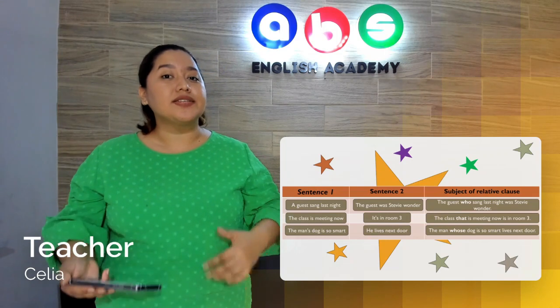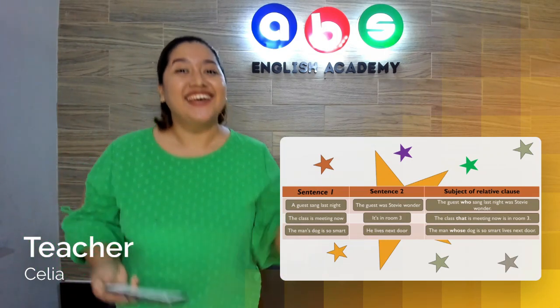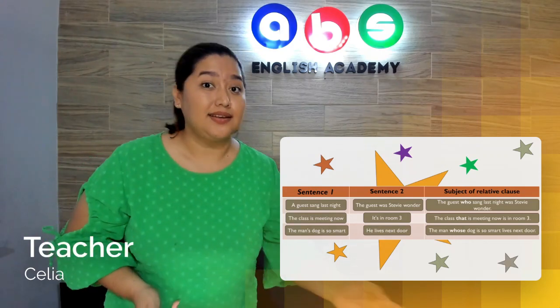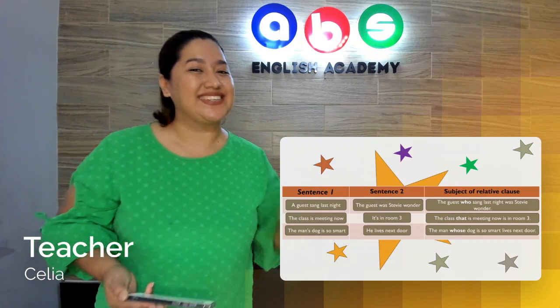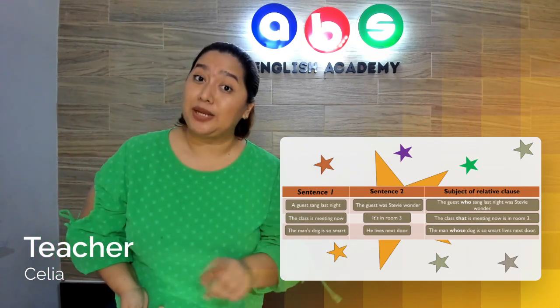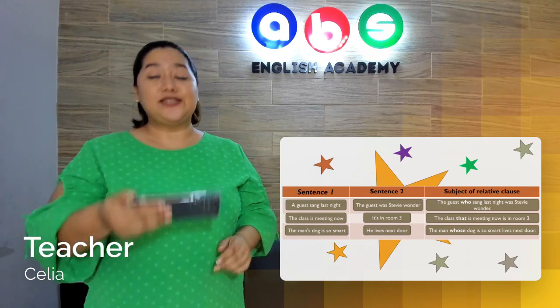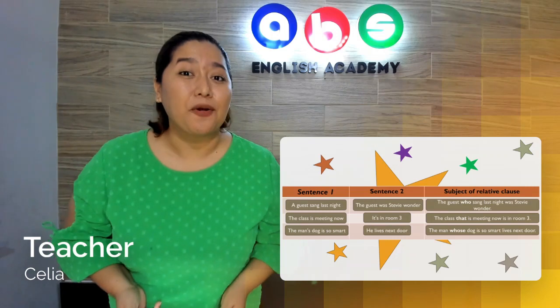And we can use a subject relative pronoun. But wait a minute, a class is a thing, it's not a person. So choose a relative pronoun for things. Let's see the result. And we have: the class that is meeting now is in room 3.